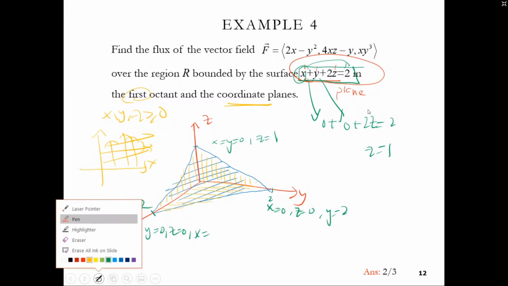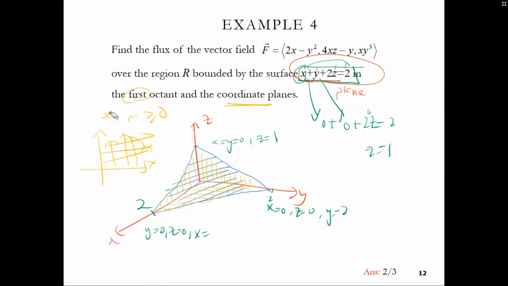From here, we can get the limits for X, Y, Z. For Z, if you look at the Z axis only, it starts from 0. If you look from the XY plane, the limit of this solid goes up to this surface.